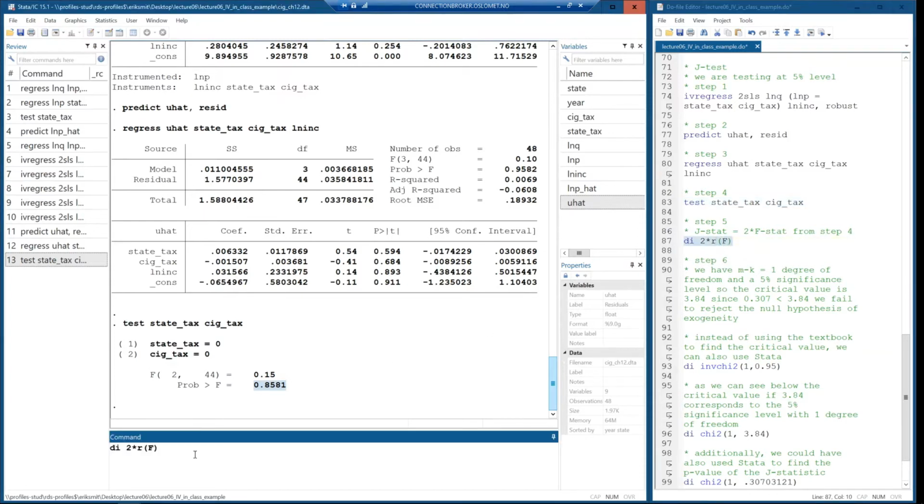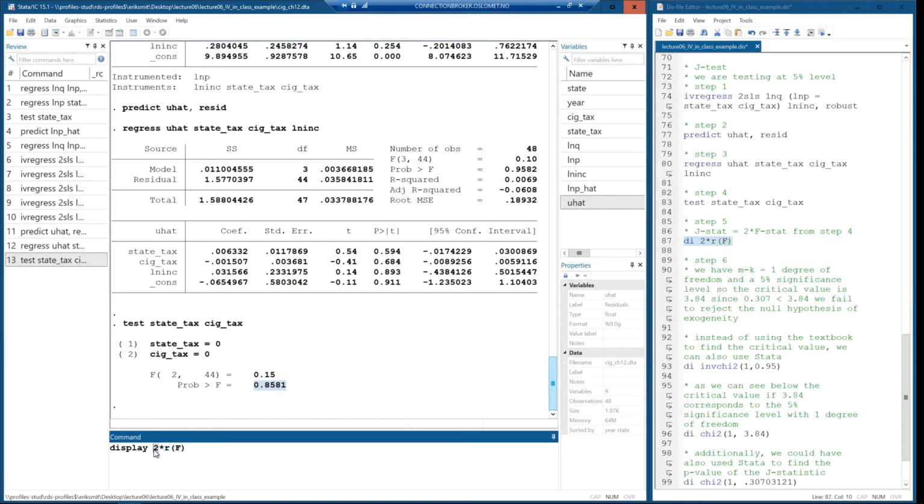The J-stat is di, which just means display. You could just write display, then you would get a printout of this number.